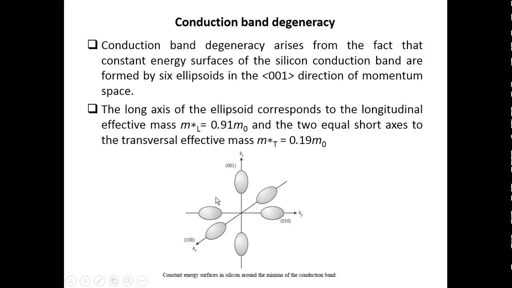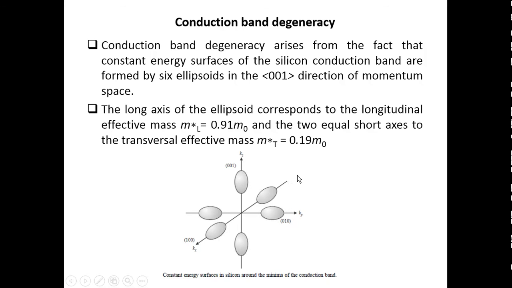So this is the 0, 0, 1 direction, and the electron wave motions are confined in this direction. So the conduction band degeneracy can be explained with the help of these 6 ellipsoids in the direction of the 0, 0, 1 momentum space.